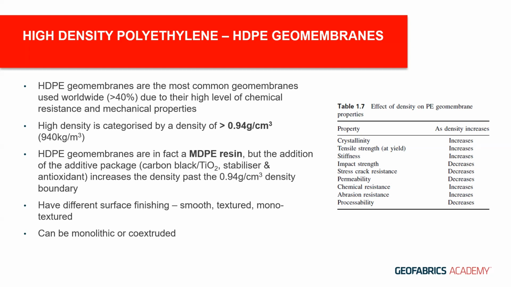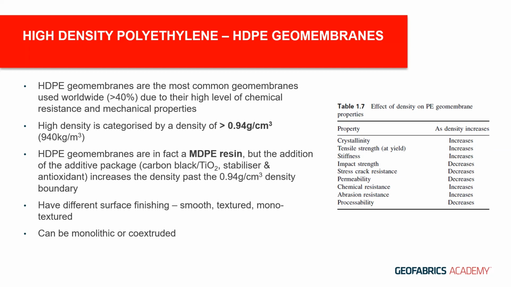HDPE geomembranes are actually, in fact, a medium-density polyethylene resin, but it is the addition of the additive package, such as the carbon blacks or titanium dioxide, plus the stabilizers and antioxidants that increases that medium density past the 0.94 grams per cubic centimeter density boundary. Hence, the geomembrane is classified as a HDPE.